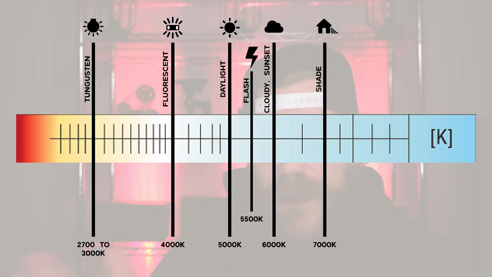If it's cloudy and overcast out, put it to cloudy. And if you're in a bunch of shade, put it to shade. Those are, I guess, the two more popular ways to go: shoot auto or shoot with the camera presets. You can use the Kelvin scale; however, you're going to have to work yourself up to that.